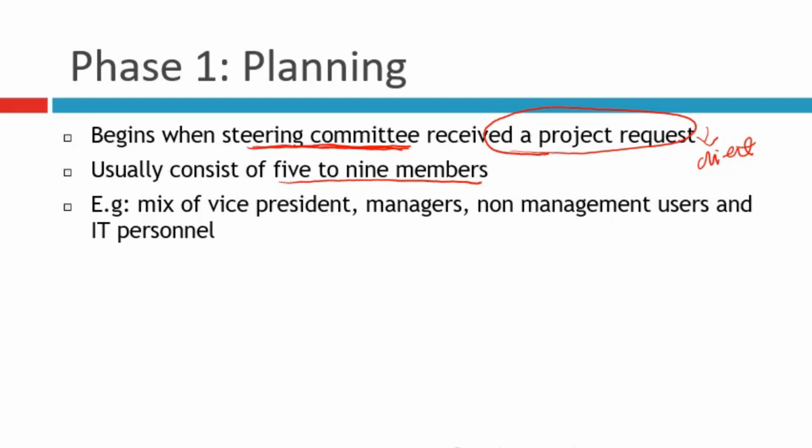It can be the vice president, it can also be managers, the president himself, non-management users, meaning people who are not involved in management, and IT personnel. IT personnel means any person who has an IT background.